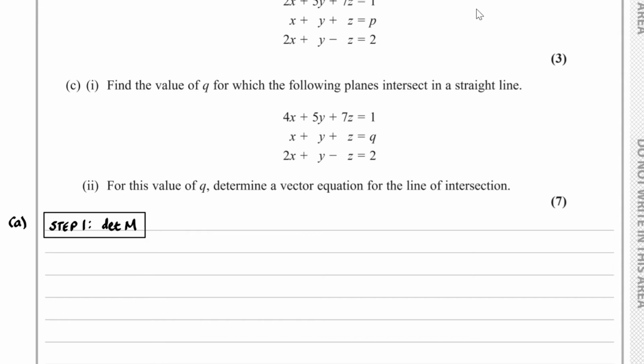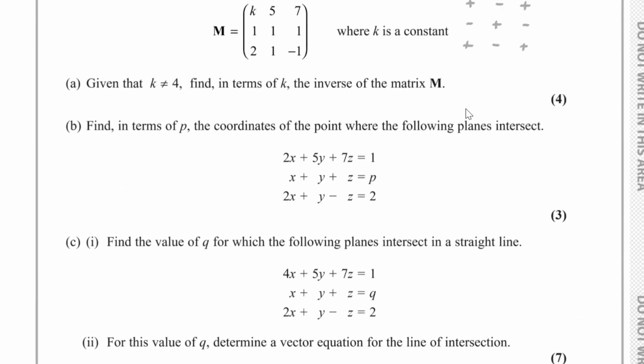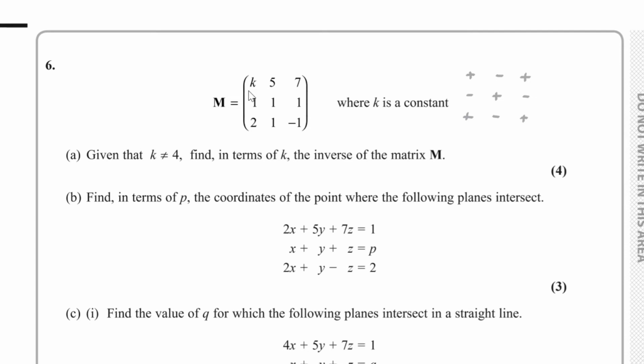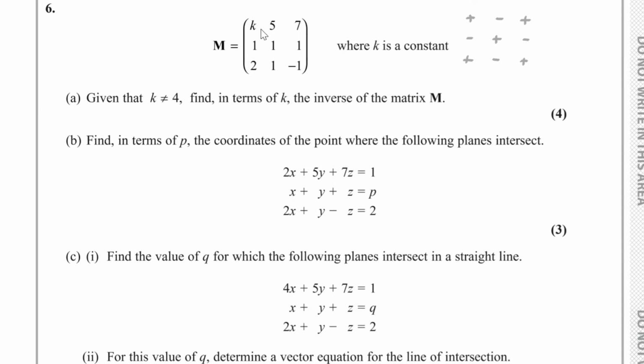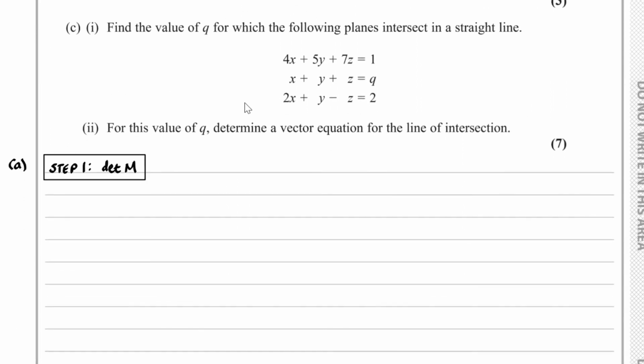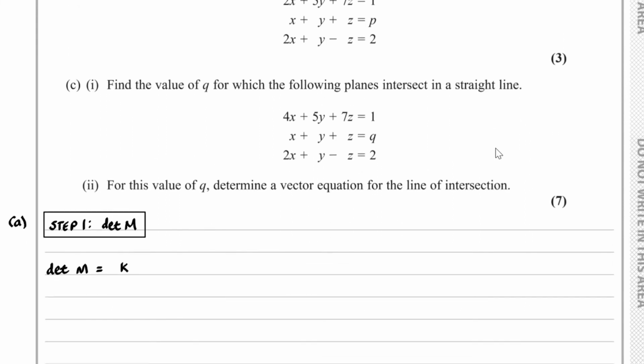To find the determinant of M, what we need to do is expand along any particular row or any particular column. I will choose to expand along the first row. So if we expand along the first row, we take a look at the first element, which is k. So we've got the determinant of M. The sign associated with it is a plus.